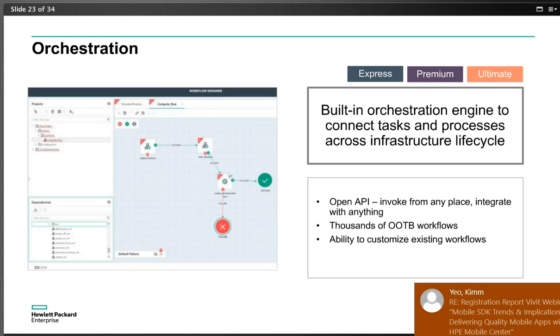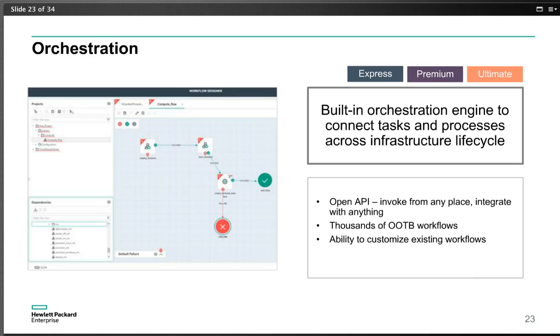We already have a lot of content that we offer for this orchestration engine, including thousands of out-of-the-box workflows, as well as API endpoints across technology stacks, across third-party applications, even across some of our competitors' applications. And that's what's leverageable and available for orchestrating with our DCA solution by way of this packaged orchestration capability.